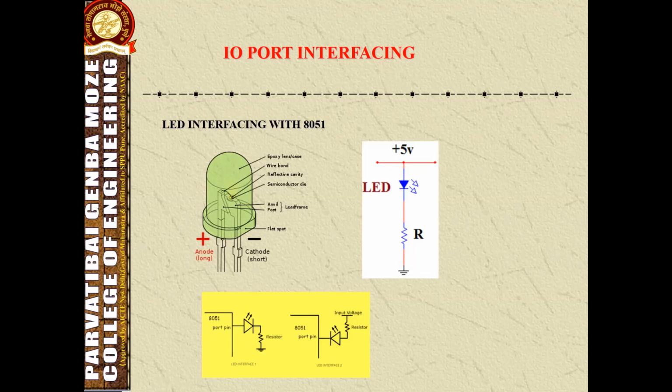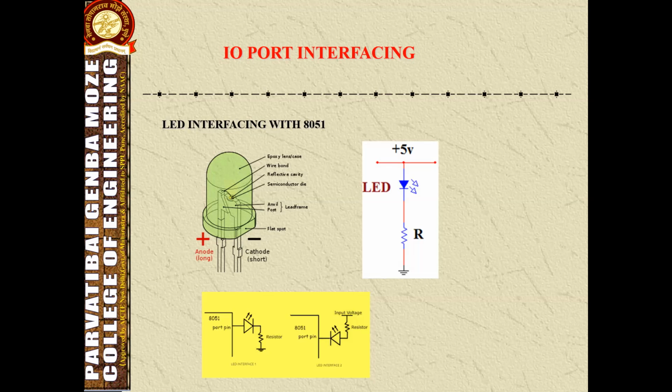In this method, a large amount of current is required for the LED. For glowing the LED, a minimum of about 10 microampere current is required, but the 8051 is not capable of sourcing this current.